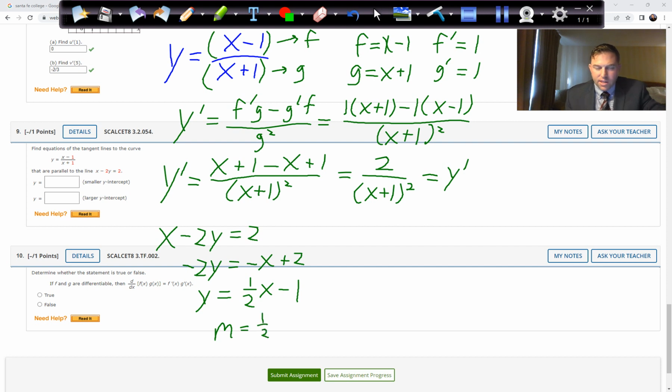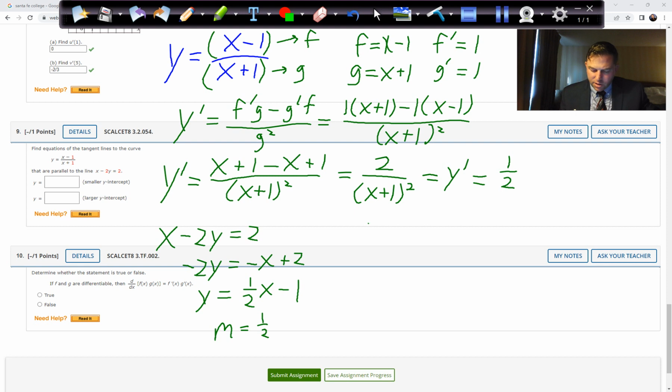Now for these tangent lines to be parallel, they also have to have the same slope. So they have to have slopes equal to 1/2. Okay, so we're going to set this whole thing equal to that slope of 1/2. Let me just make a quick check to make sure I got the right slope. Yeah, it looks good to me.